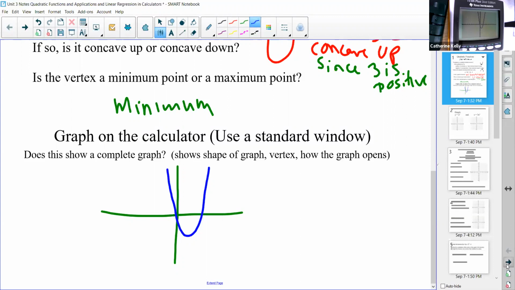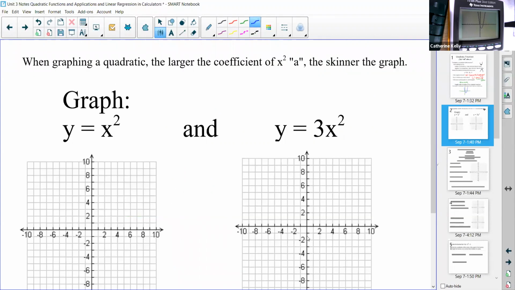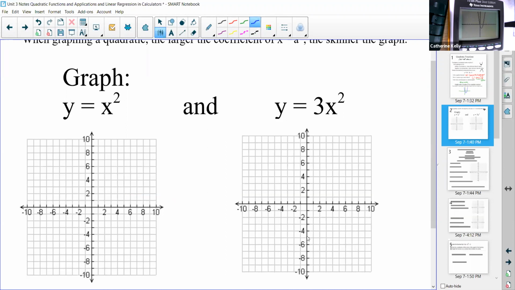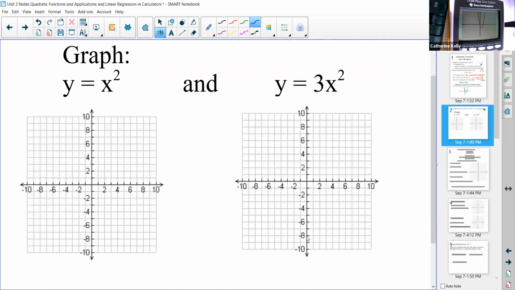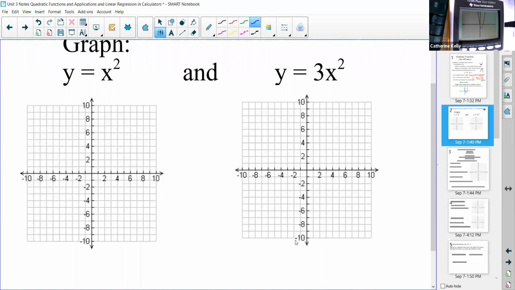So this says when graphing a quadratic, the larger the coefficient of x squared, or the a, the skinnier the graph is going to be. So if we graph y equals x squared, then if we said that x was 2, y would be 2 squared, so it would be 4.